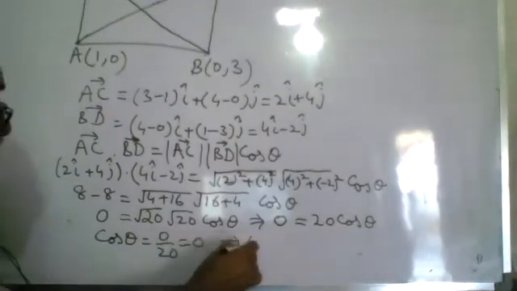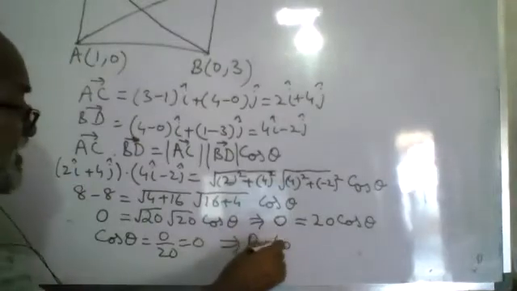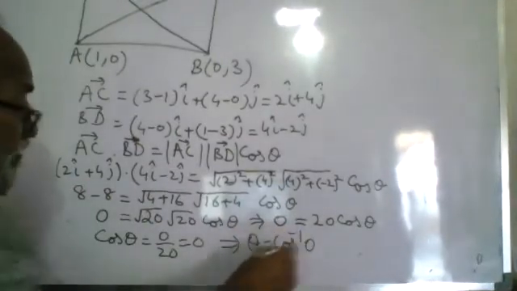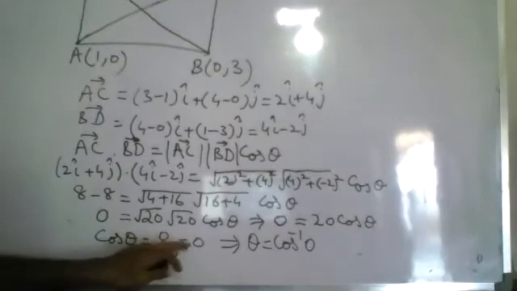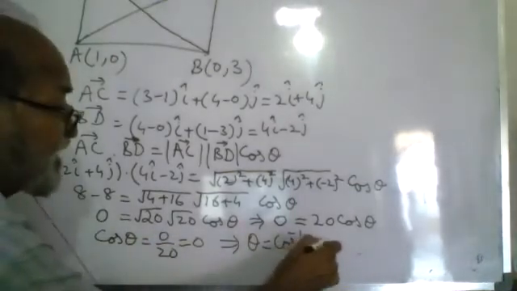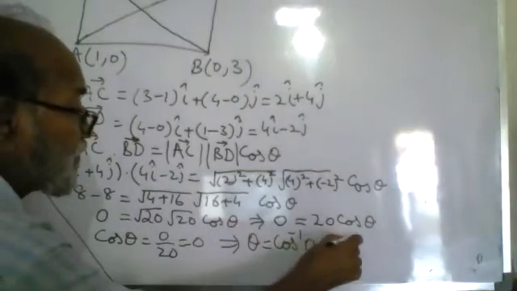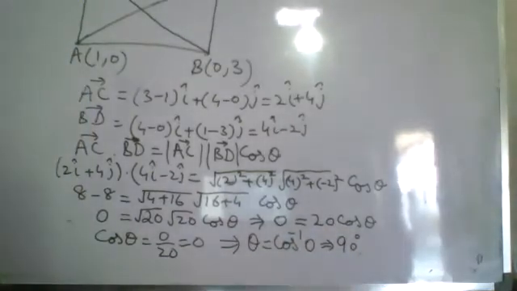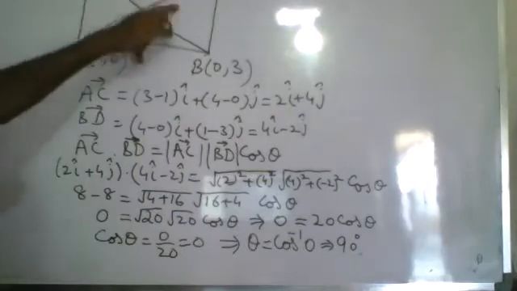And theta will be equal to cos inverse 0, which is 90 degrees. So theta is 90 degrees. The angle in between the two diagonals is 90 degrees.